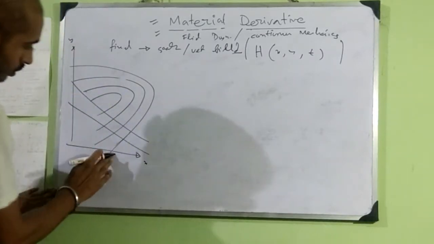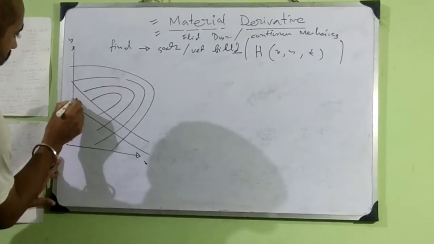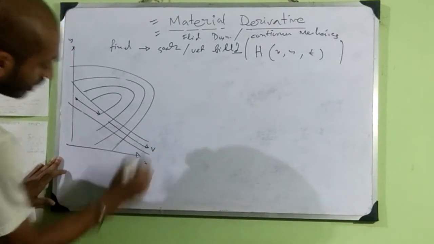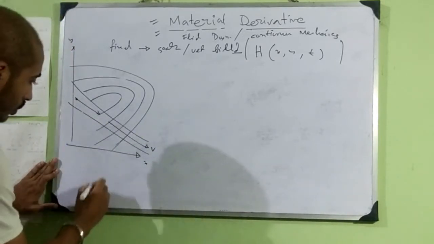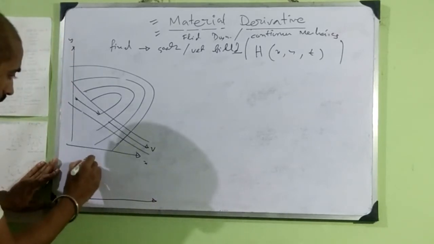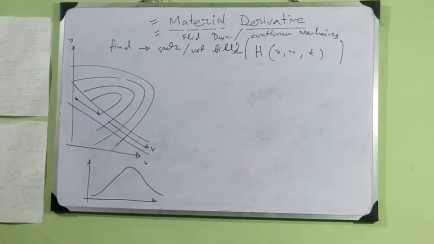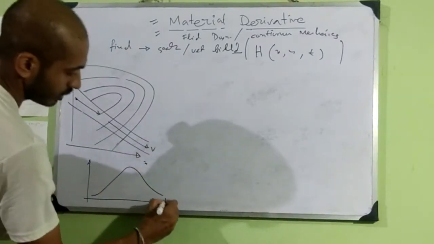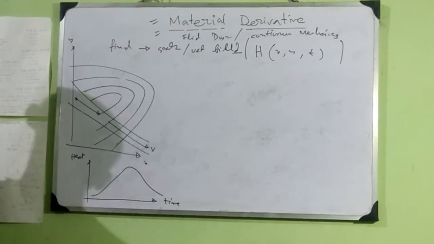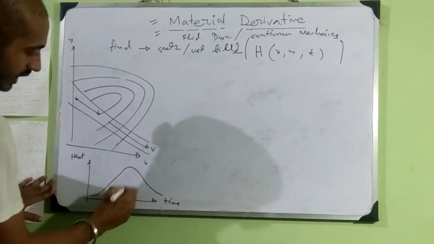So what will you experience in this path? Here is you, and this is your velocity component v. So you are actually experiencing that kind of heat distribution with time. This is the heat actually experienced by you at any time.